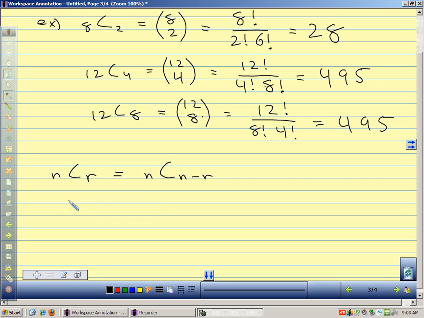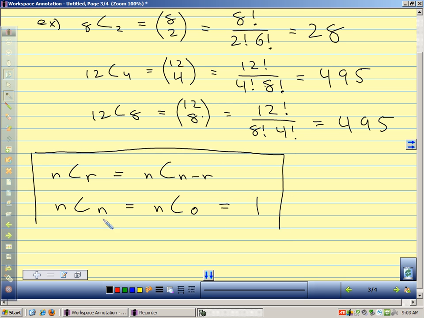And our definition, we're going to define n choose n is always the same as n choose 0, which is 1. So if we're picking all of the things at a time, our number of possibilities is 1. If we're picking none of them, our possibilities is 1. So this is part of what gives us our pattern in the binomial theorem.